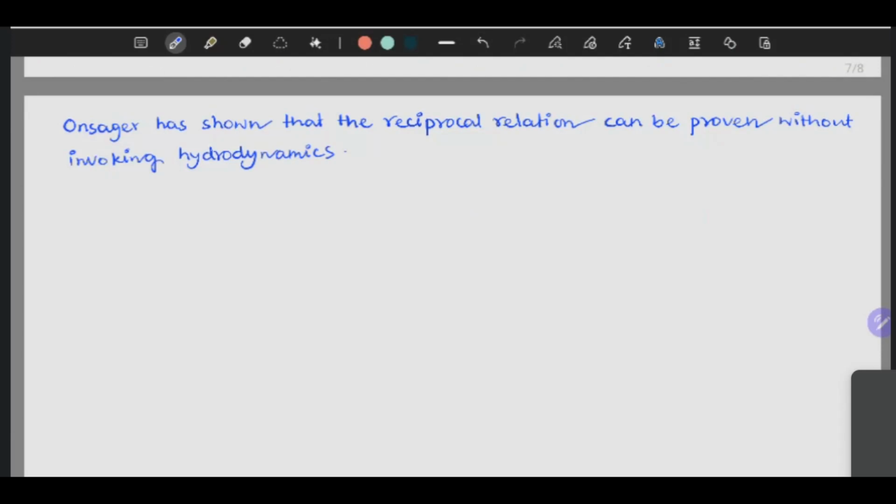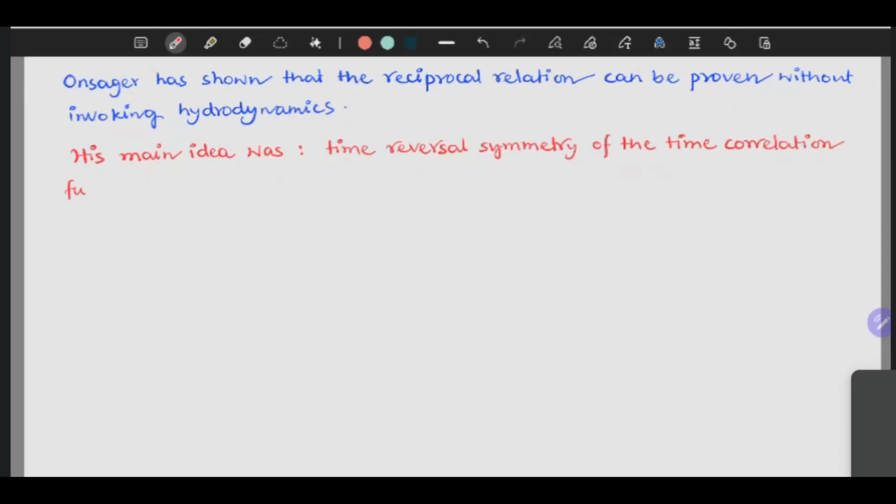So his main idea was time reversal symmetry of the time correlation function at equilibrium.